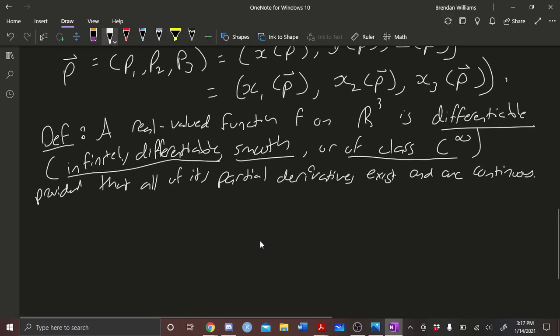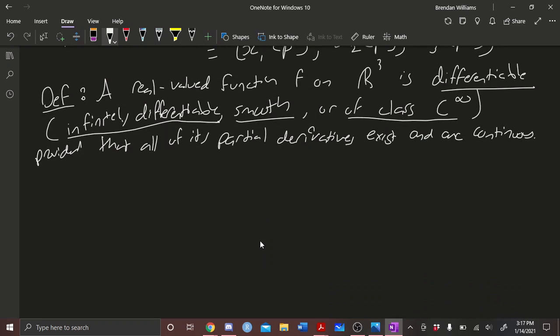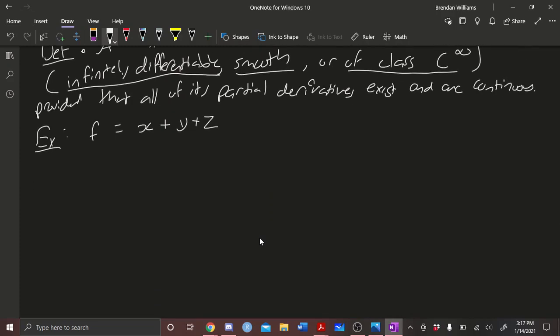So I'm just going to go ahead and write out a few examples of continuous functions. Example, the first one would just be f is equal to x plus y plus z. And this is just a polynomial of multiple variables, but it's a polynomial, so it will be continuous. We'll make this a little more explicit in just a second, but we're going to move on for now.